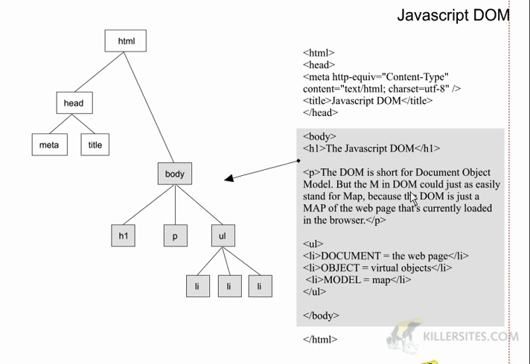JavaScript has built into it a bunch of functions that allow you to easily jump around this document object model, the DOM, to be able to do things like add new tags, change properties in the tags, add text in between tags, remove tags. The DOM, combined with JavaScript, allows you to do all those dynamic effects that we see in so many web pages.